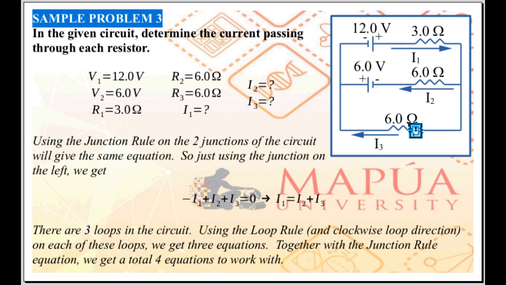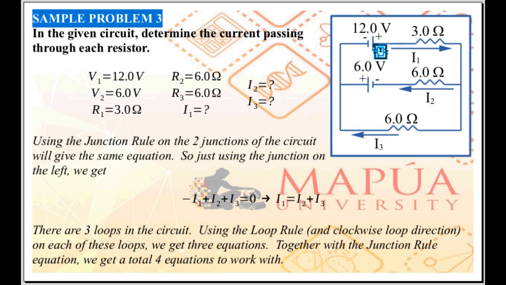And passing through the second 6 ohm resistor, you have I3. The direction of the currents are already indicated in the figure. Determine the value of each of these currents. So determine I1, I2, and I3.